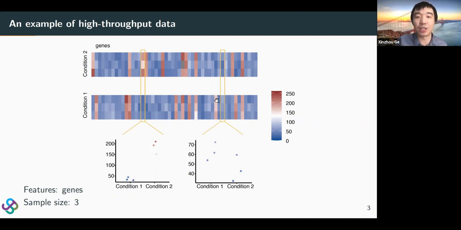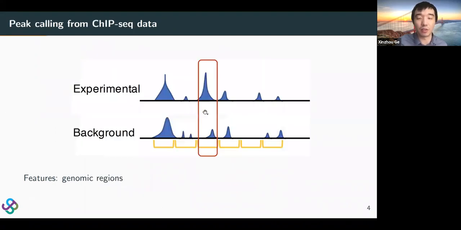Both genes are interesting because we just want to look at the difference between the two conditions, and we don't care which condition has higher values. So this kind of feature we call differential, and this kind we call enriched.